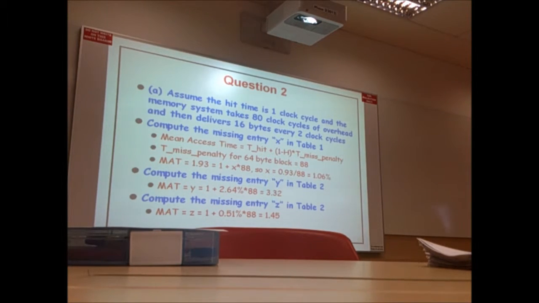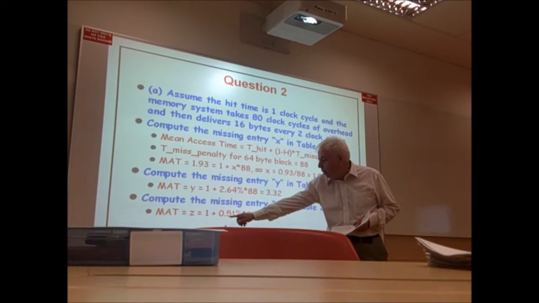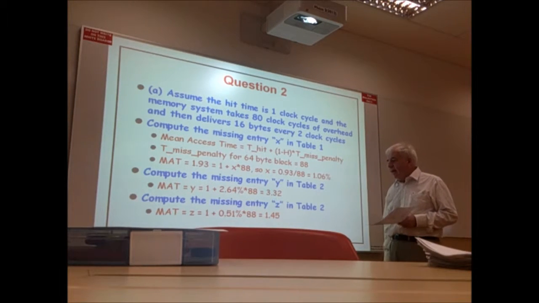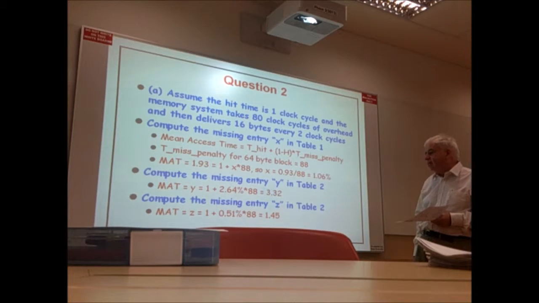It's the same formula. If you look at table 1, we have a miss rate of 0.51%. We multiply 0.51% by 88 and add 1. Any questions on that so far?